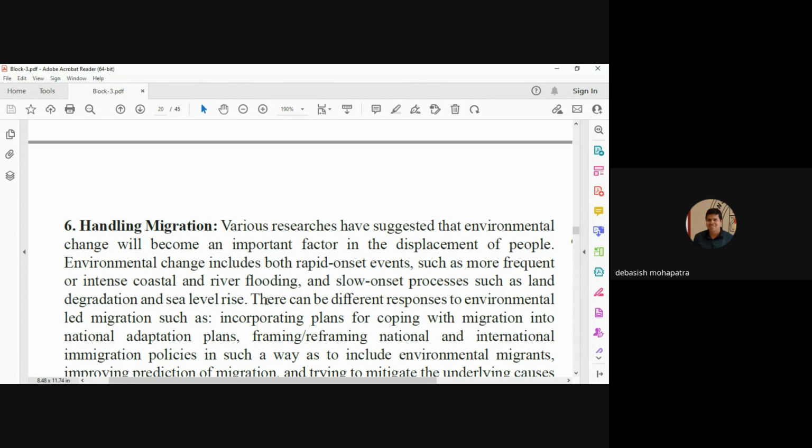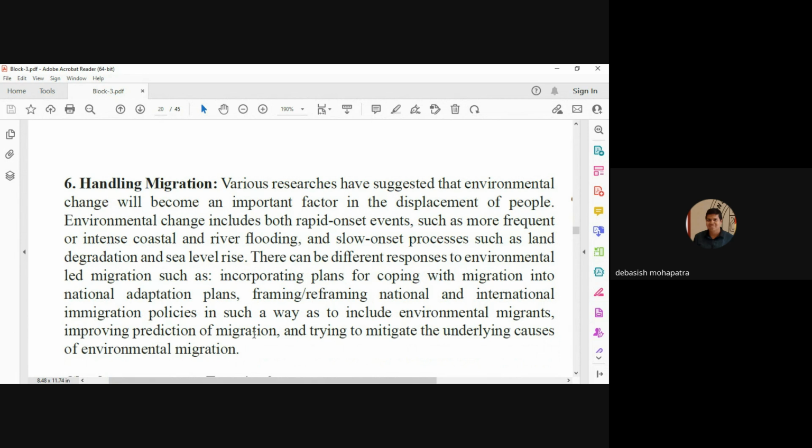There can be different responses to environment-led migration, such as incorporating plans for coping with migration into national adaptation plans, framing national and international immigration policy in such a way as to include environmental migration, improving prediction of migration, and trying to mitigate the underlying causes of environmental migration.